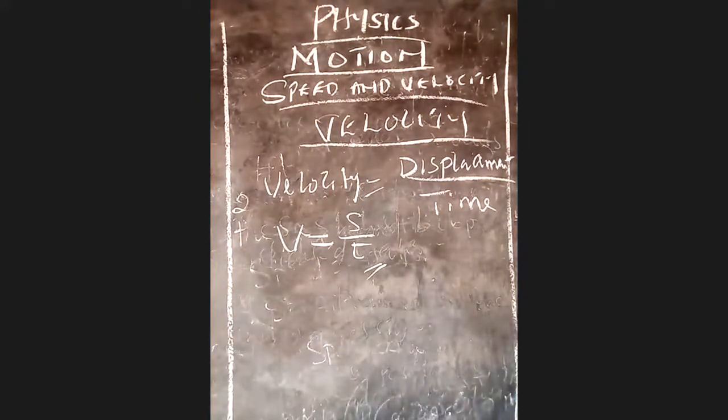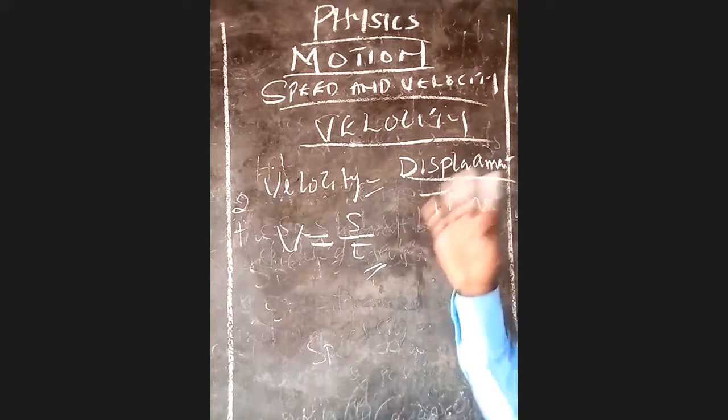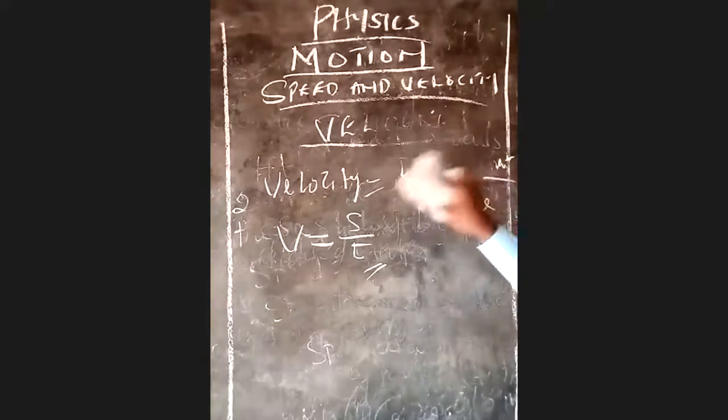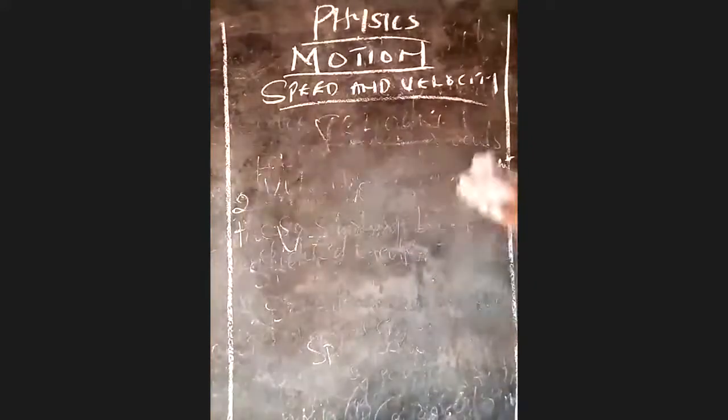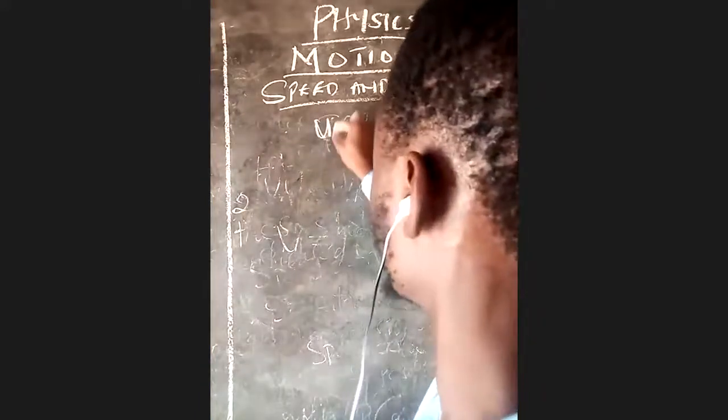Let's quickly move on so we can get something tangible done. Let's talk about uniform velocity. We talked about speed before, and the uniform speed.